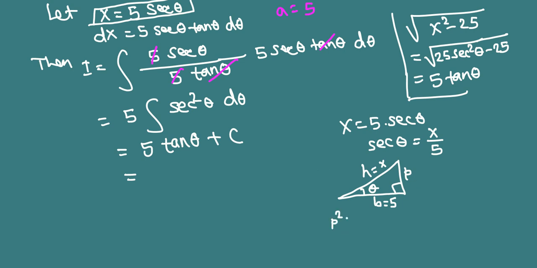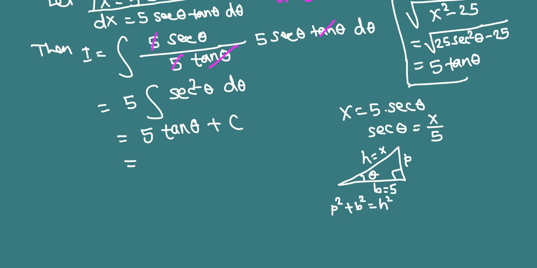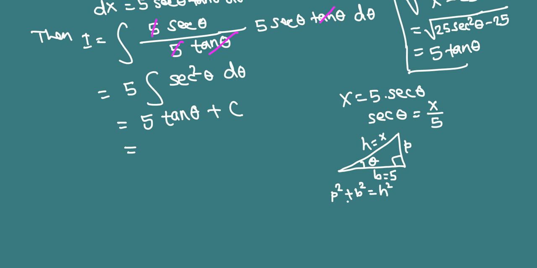So in this case p squared plus b squared equals h squared, and let's find p. So p squared equals h squared minus b squared. So h is x squared, minus b squared, which is 25. x squared minus 25. So p is root x squared minus 25.